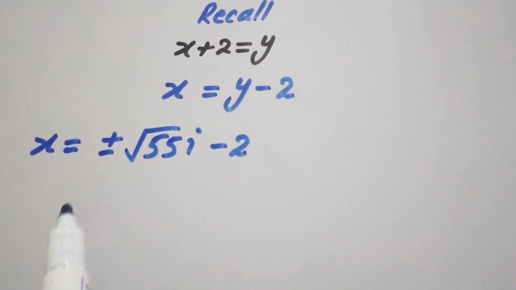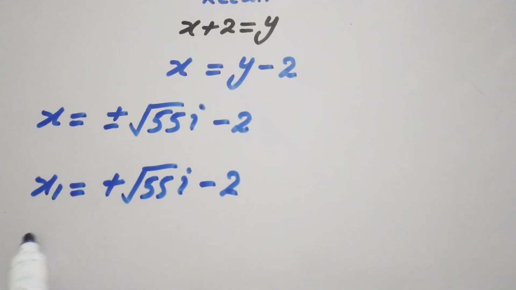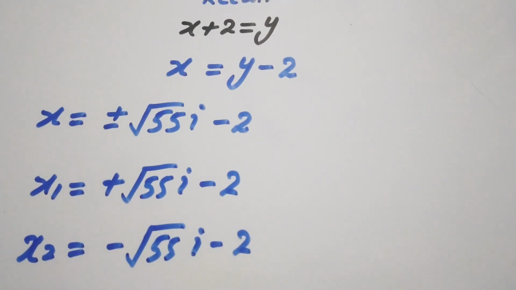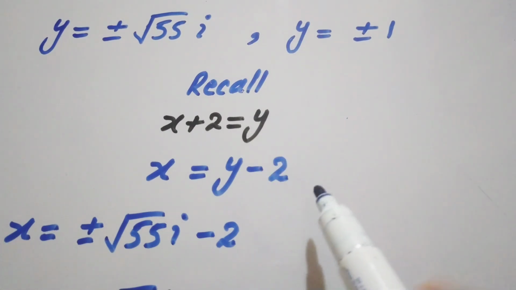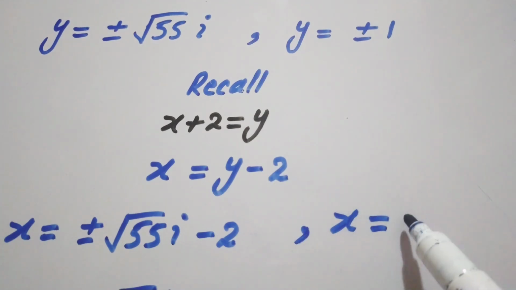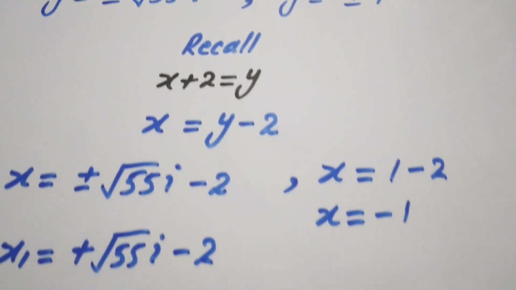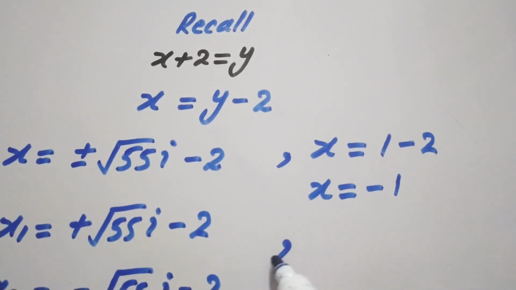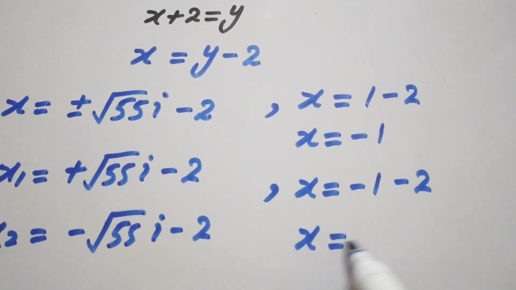So from this we get two values. x1 is equal to plus square root of 55i minus 2 and x2 is equal to negative square root of 55i minus 2. So now when we use y is plus 1 and minus 1, when we use plus 1 minus 2, we get negative 1, and when we use negative 1 minus 2, we get negative 3.